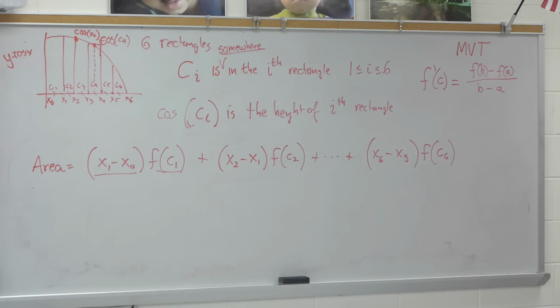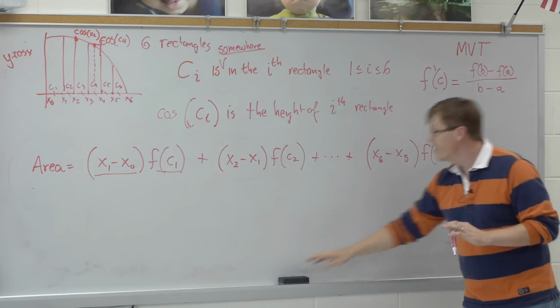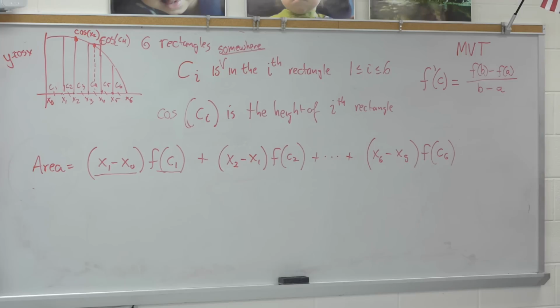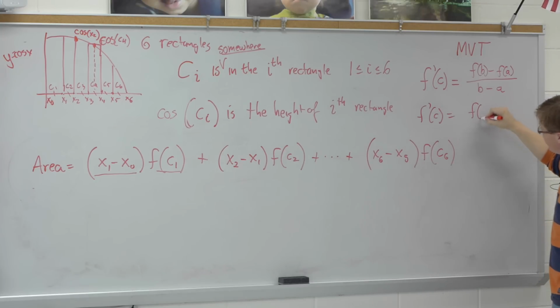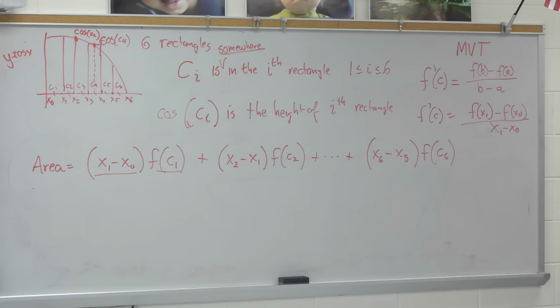Okay, well, how can I use that? Well, it's still not obvious, but I can manipulate this a little bit. Let's let a and b be two of my endpoints. So let's just say f prime of c is f of x1 minus f of x0 divided by x1 minus x0. I just let a and b be the endpoints in my first rectangle.